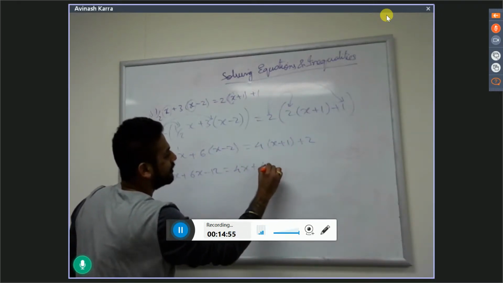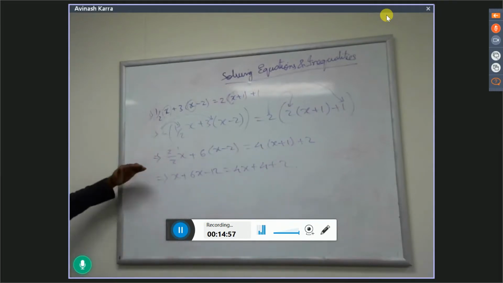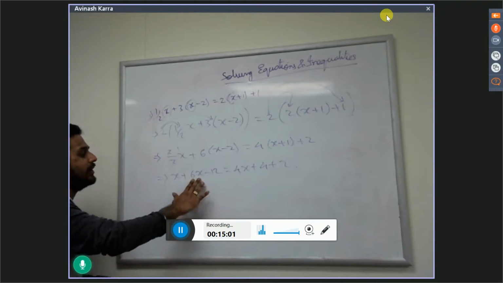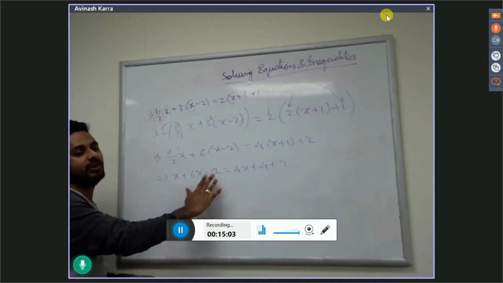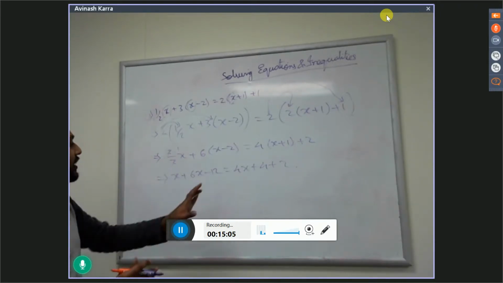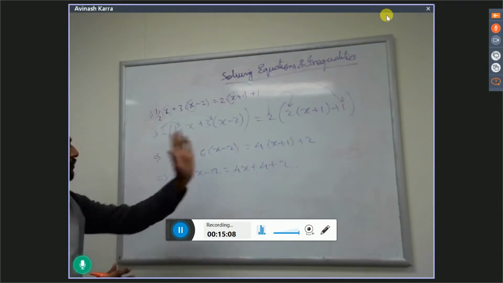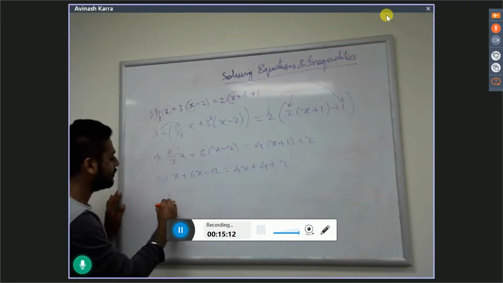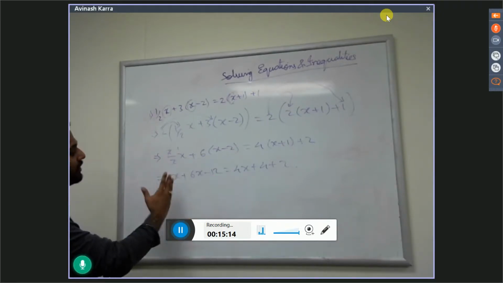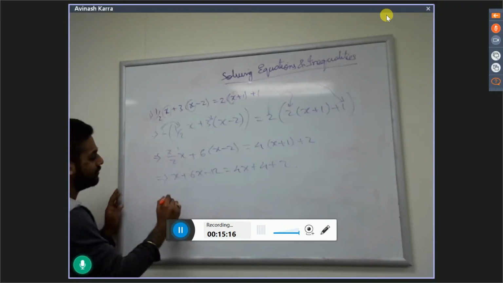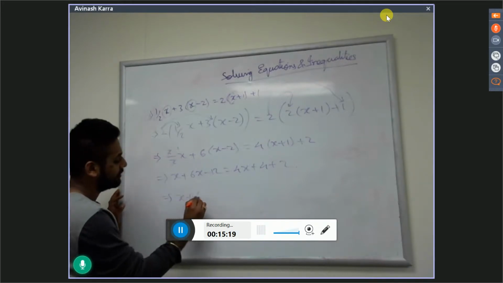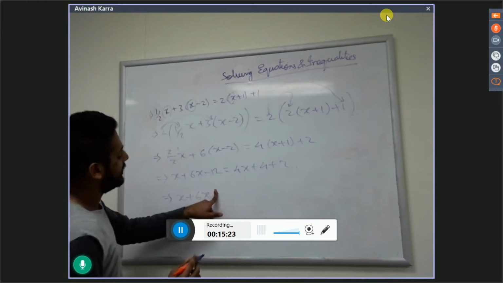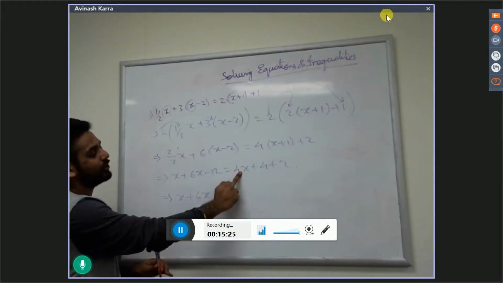After coming to this stage, where you have only variables and constants, you can move all the constants to one side and all the variables to the other side. Let me grab all the variables towards the LHS. What is 4x doing on the RHS?